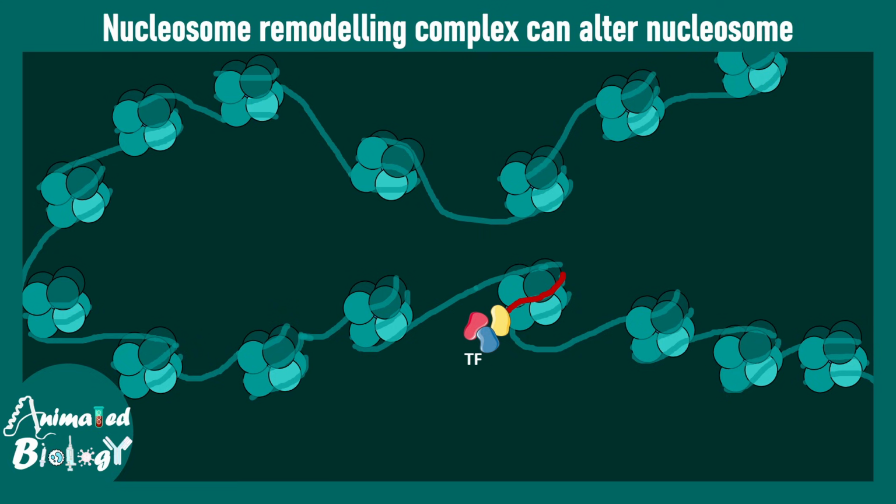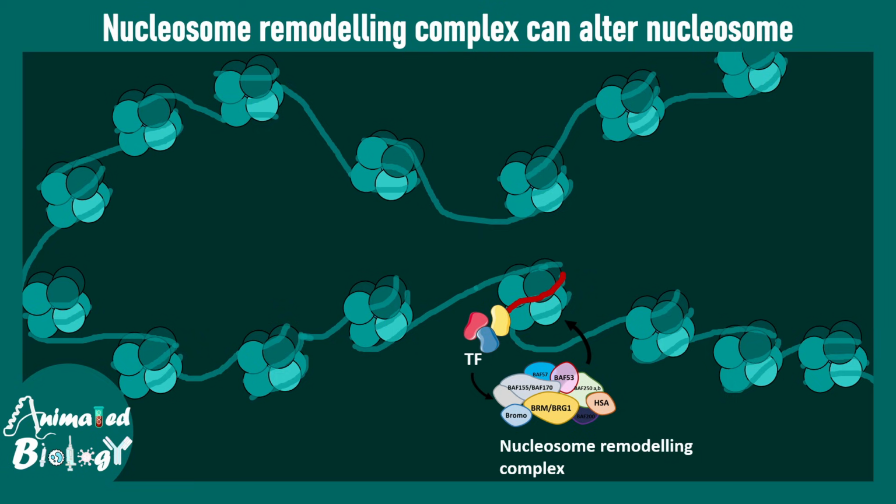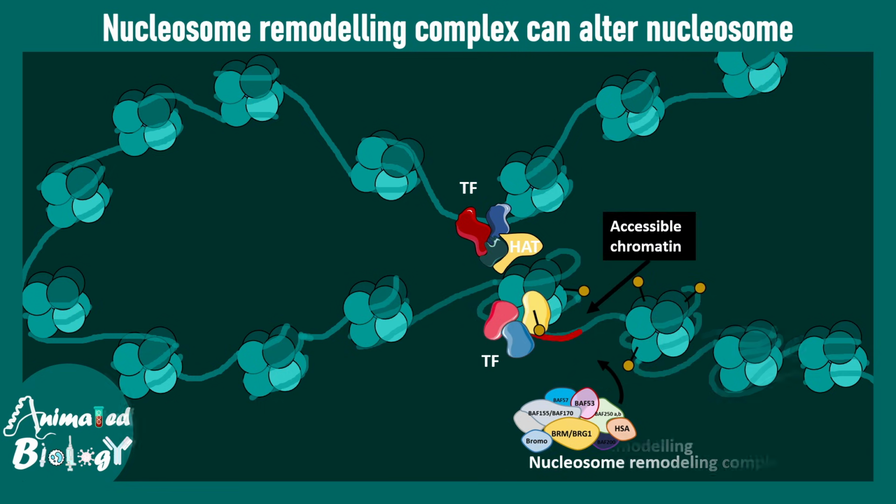So this transcription factor is finding it very difficult to access the DNA, but it can coordinate with the nucleosome remodeler complex, which would make it accessible, and now the transcription factor can gain access. Along with nucleosome remodeling factors, the acetylation of the histone or other histone modifications can work hand in hand to change the accessibility of the chromatin.